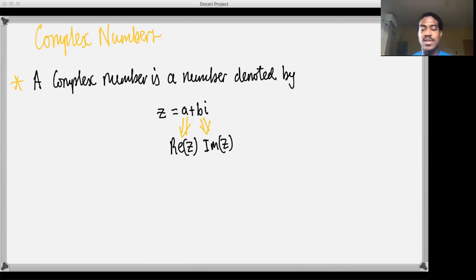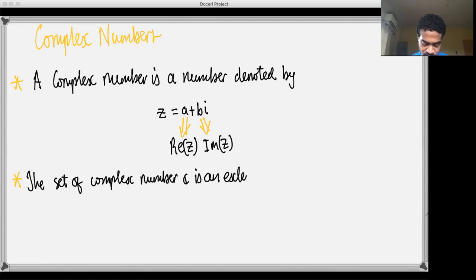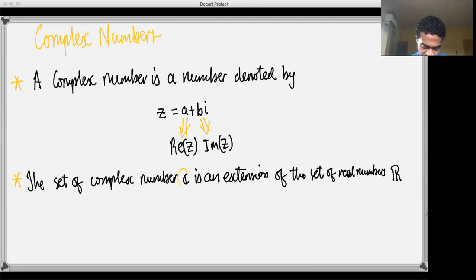But now in Unit 2, we expand on it, and we're getting into the realm of the set of complex numbers. So this is another big point. The set of complex numbers is an extension of the set of real numbers, and it's denoted by the C here. That is very important to take note of.